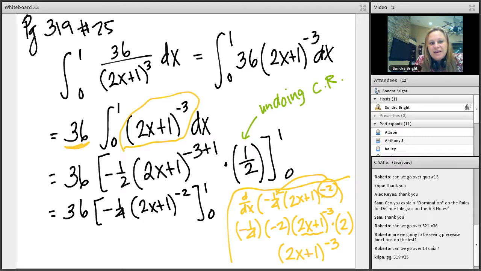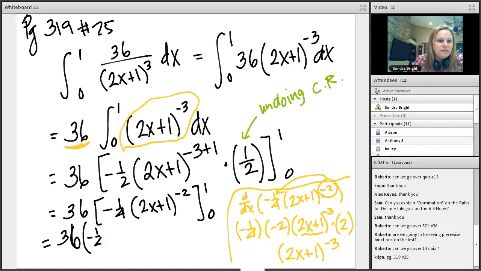Even if I had not pulled that 36 out front first and I still had a 36 in there, you would have ended up with the same thing. So we've got 36 times negative 1/4.